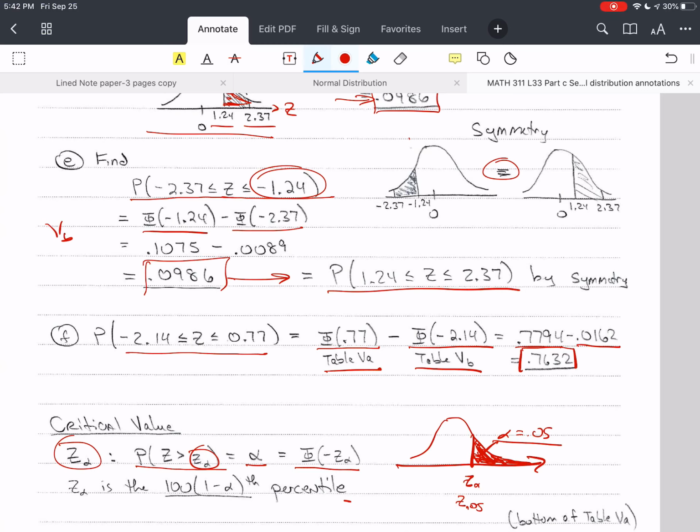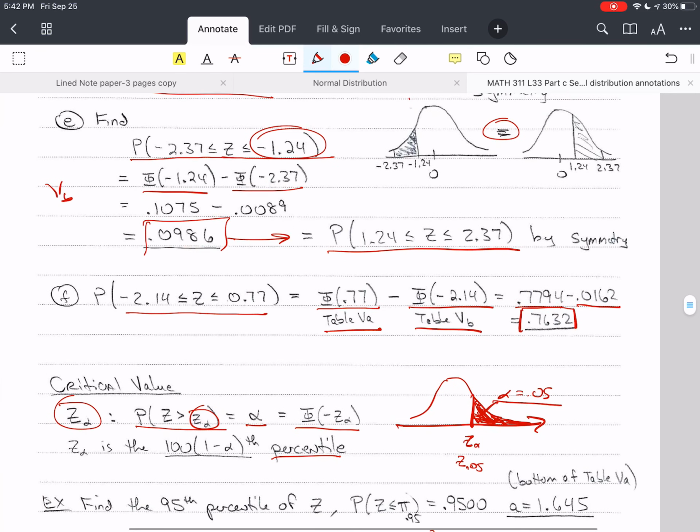And that is phi of negative Z sub alpha. Okay. Now, Z sub alpha is the 1 minus alpha percentile. That's not easy for me to say anyway. So this is a percentile, the 100 times 1 minus alpha percentile.